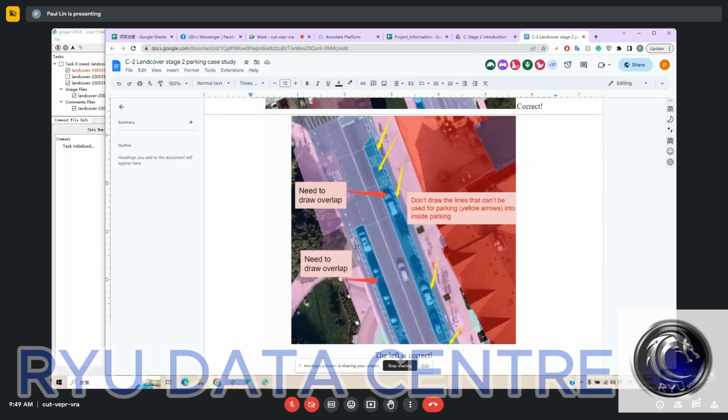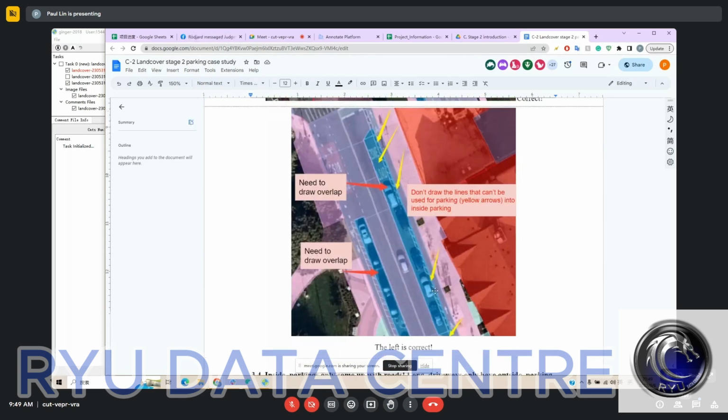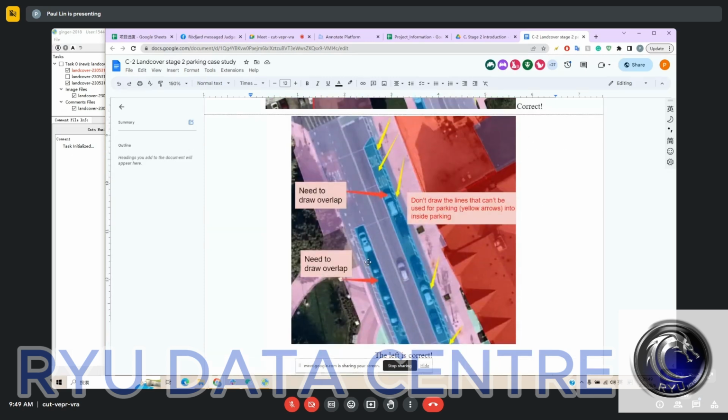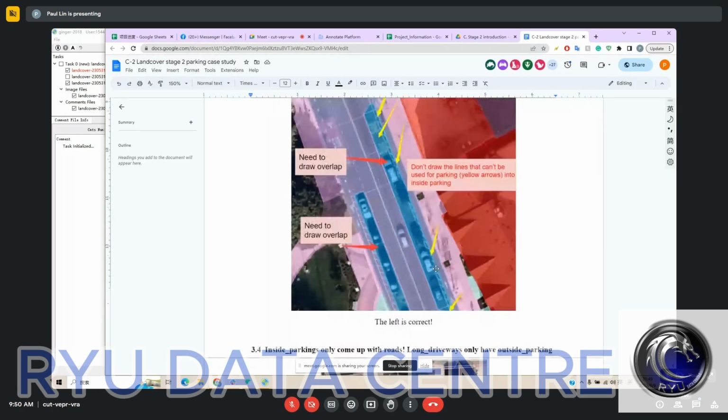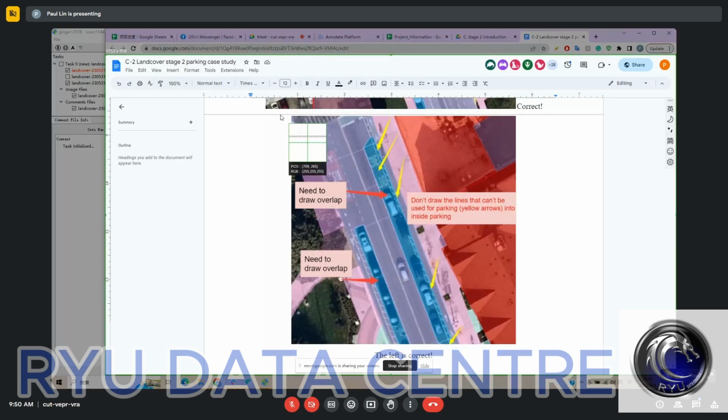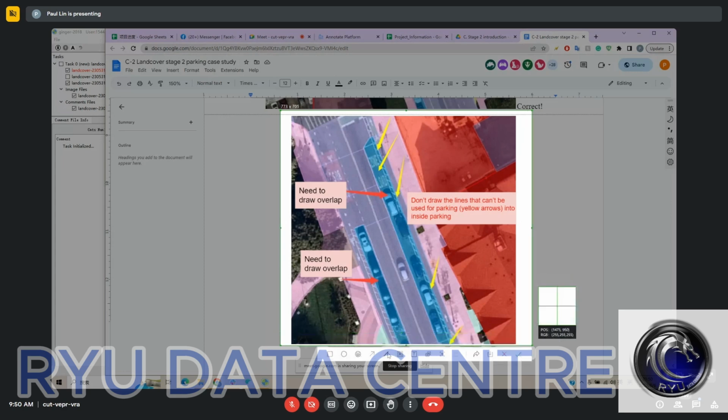Okay, more examples. The left one is correct. In the right one, as you can see, some unnecessary part has been drawn into the inside parking. What it means is this marking and the marking here are not used for vehicles to park.